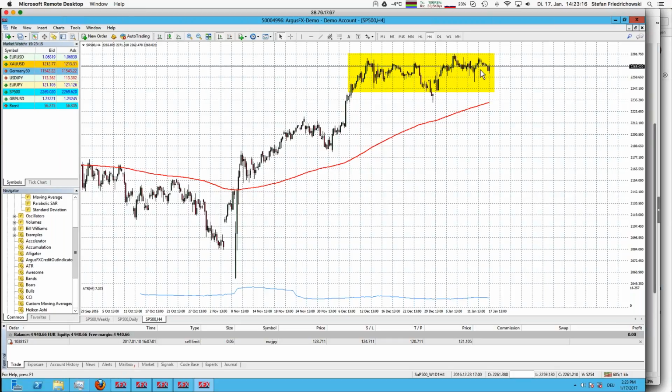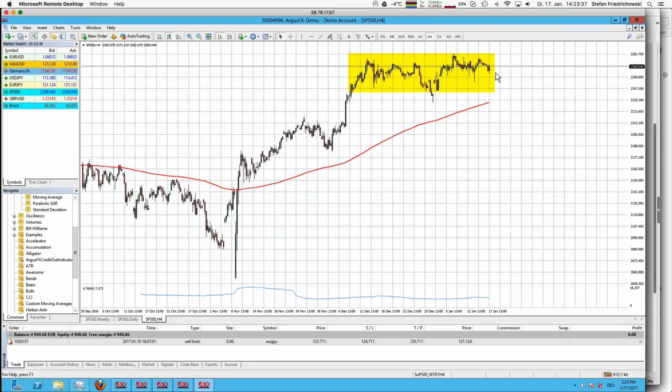And one possibility could be to say, okay, let's wait until we come back to the upper side of that range, and we would expect the S&P 500 to stay in the range, so it should go to the south once again.